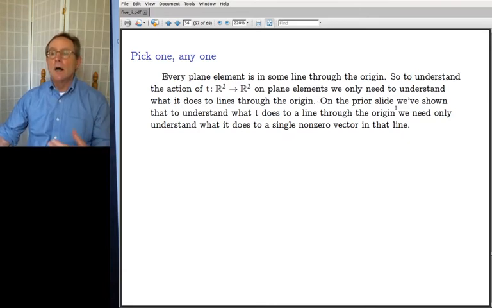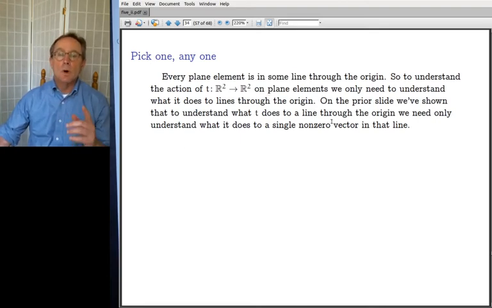On the prior slide, we've shown that to understand what T does to a line through the origin, we only need to understand what it does to one point in that line. So I'm reducing the idea of understanding the action of T to understanding what it does to lines through the origin, and I further reduce that to understanding what it does to one non-zero point in that line.